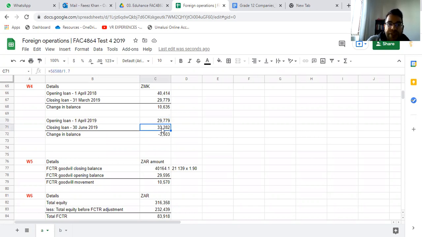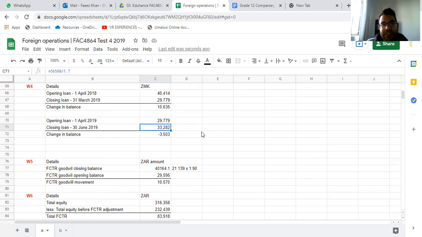If they now have to pay us at 30th June, it's going to cost them 33,000. So as you can see, it's costing them more at 30th June 2019. So that exchange difference is an exchange difference loss. So it's a forex loss.